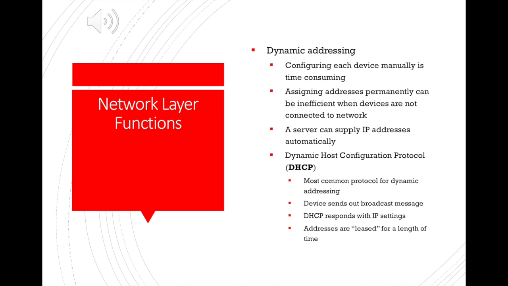So it makes life a lot easier, and it's not always critical for the end user to have their own dedicated IP address. However, most of the time, they will continue to have the same IP address. I worked at a job that had a 7-day lease on the IP addresses, and that was known as the DHCP lease. It's very common to have a lease with an IP address.